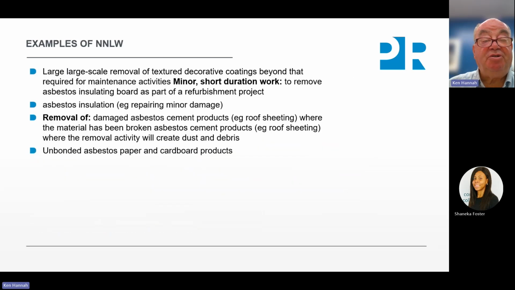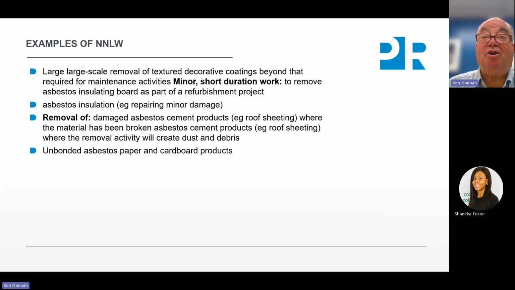So non-notifiable license work includes very large-scale removal of textured coatings beyond that required for maintenance activities. You might find that you're refurbishing or inspecting a building with multiple floors, all with asbestos-containing floor tiles or ceiling tiles or adhesive in them.